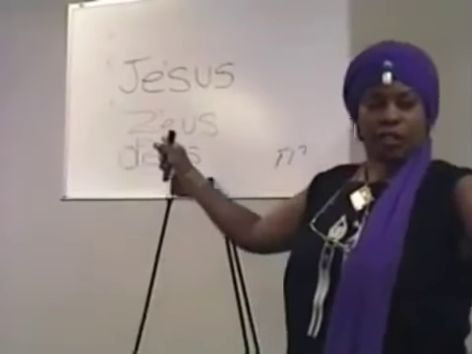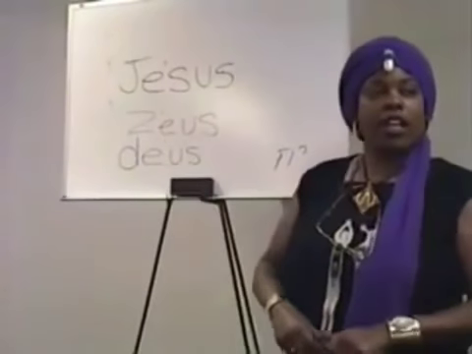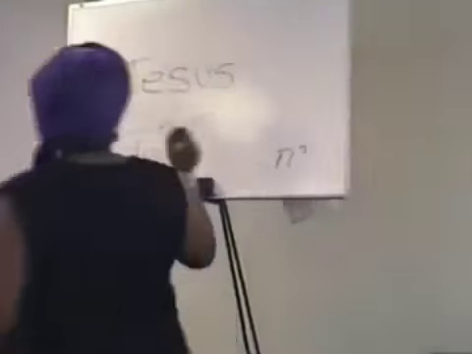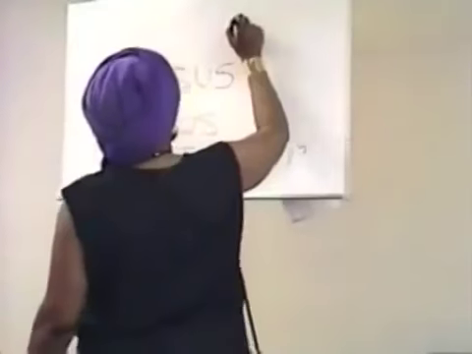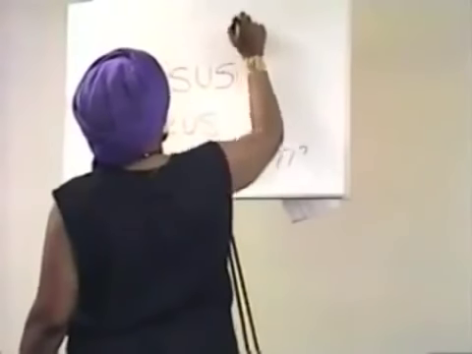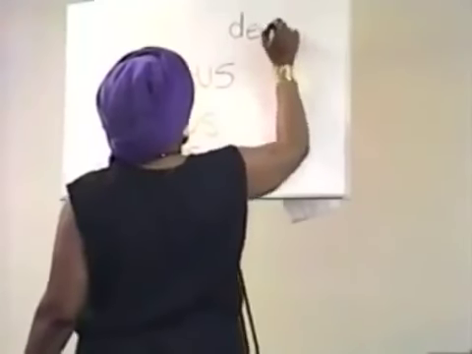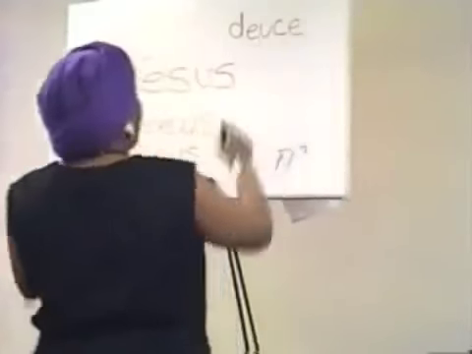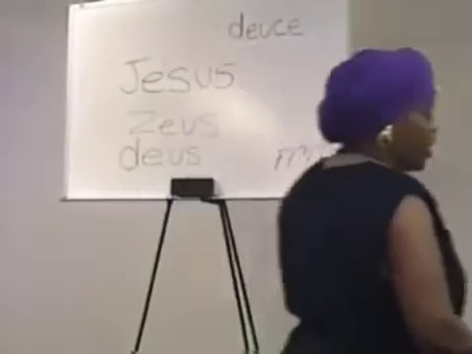But it says Zeus under Zeus, right? Okay, now, look at the word just below it, D-E-U-C-E. When you get in the brackets, it'll say D-E-U-S, but D-E-U-C-E means devil. Bad luck.